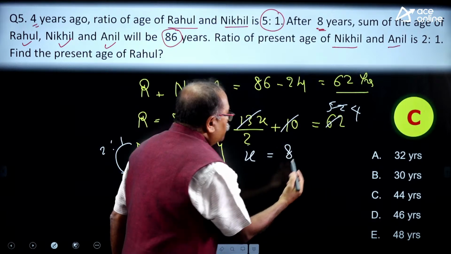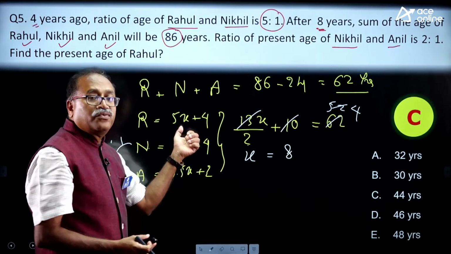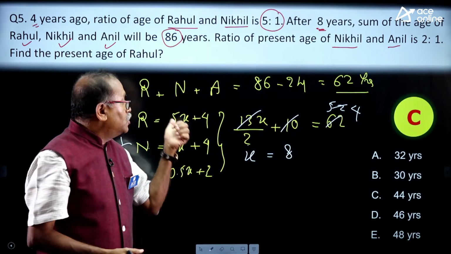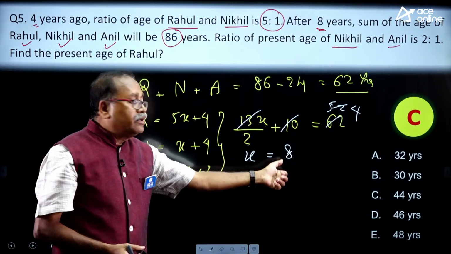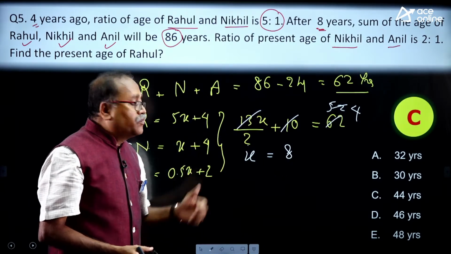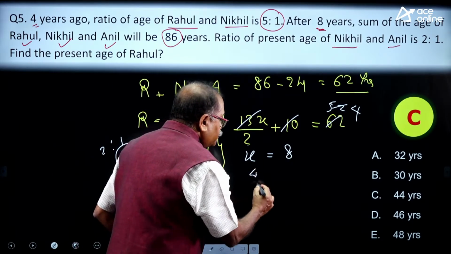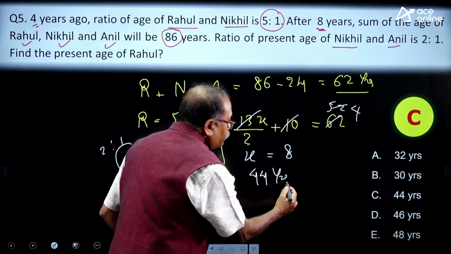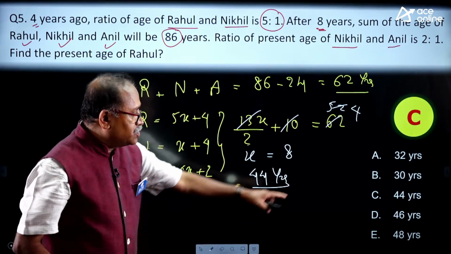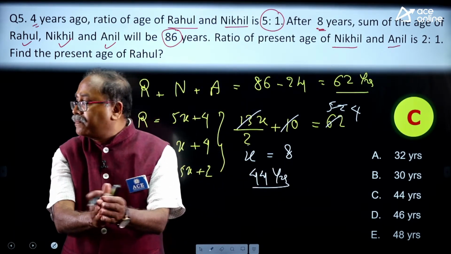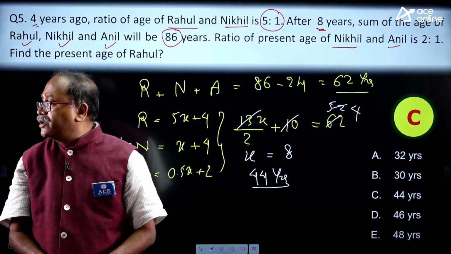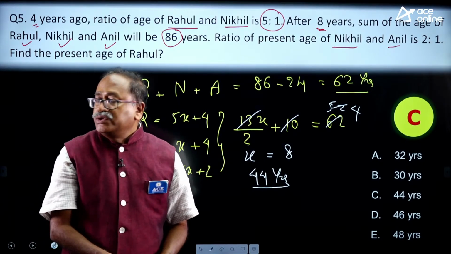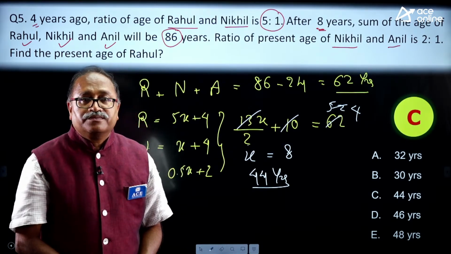When x is equal to 8, what is the present age of R? The present age of R is 5x, that is 5 into 8, 40, plus 4 is 44. So this should be my answer, and the option choice is C. Well done. That is Ganesh, rightly answered the question.